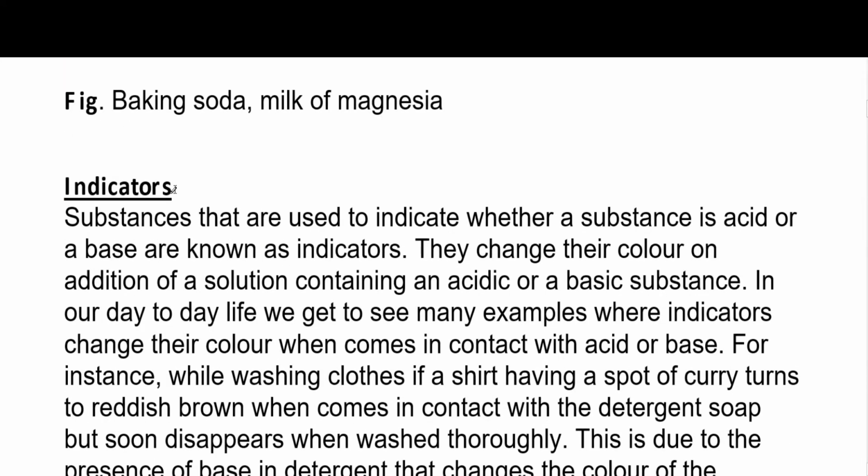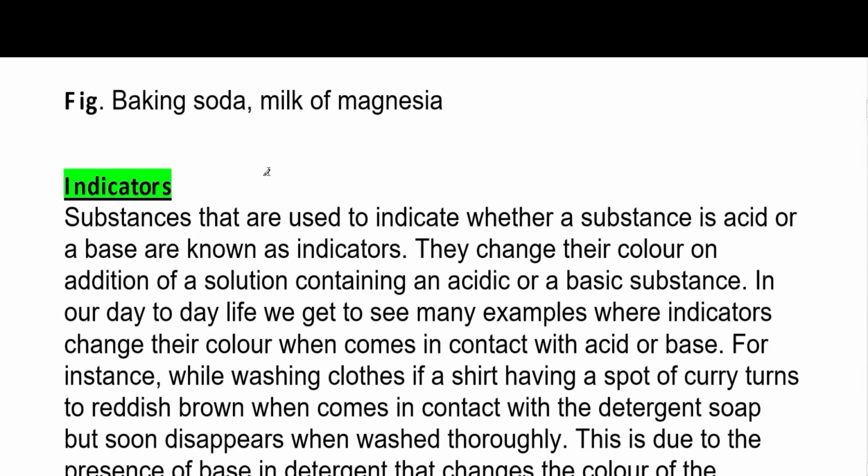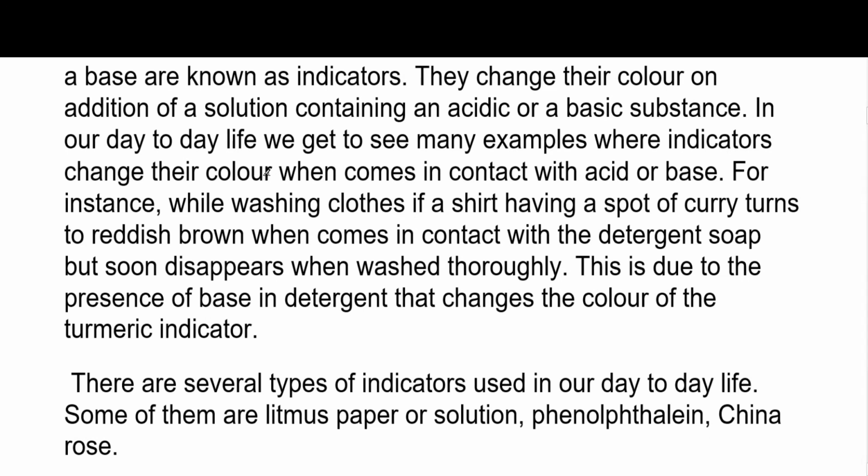Here we are going to move on to the next one, that is indicators, to see how we can easily identify the bases and the acids. We cannot just touch and test them, so we need indicators. The substances that are used to indicate whether a substance is an acid or a base are known as indicators.